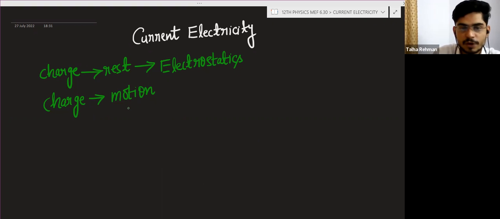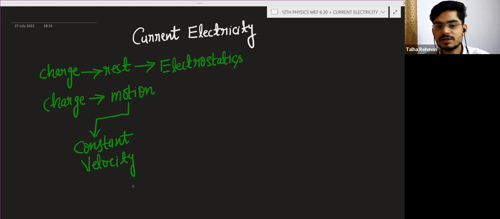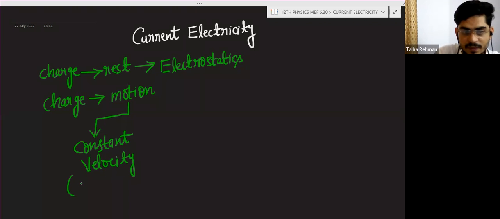Charge can move with constant velocity, and we know that when the velocity is constant, acceleration is zero, because acceleration is change in velocity per unit time. So constant velocity means no change in velocity. That's why acceleration a is equal to zero.